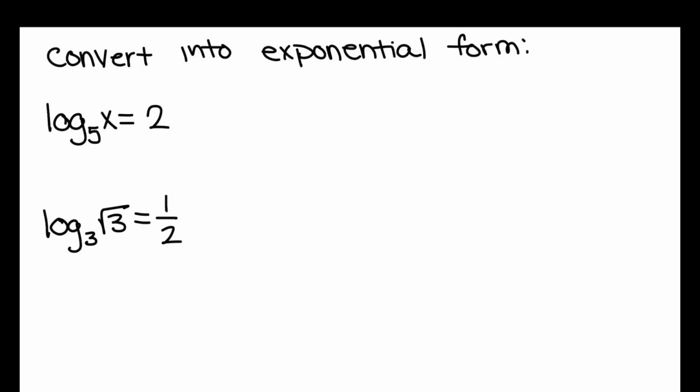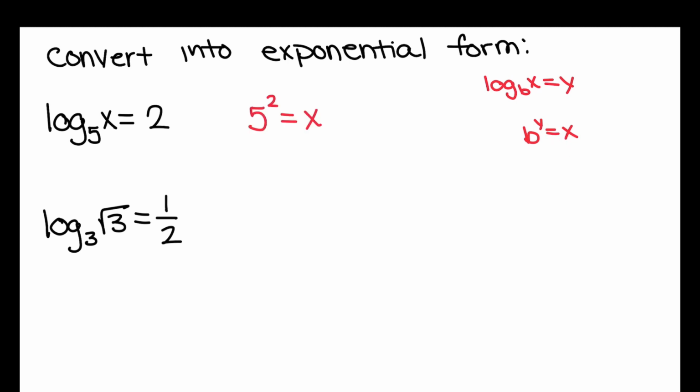So let's do some examples. Let's start by just practicing converting from one form to the other. So I've got two different logarithms. Let's rewrite these in exponential form. So log base 5 of x equals 2. So just jot down my definition again. The definition says log base b of x equals y is equivalent to b to the y equals x.